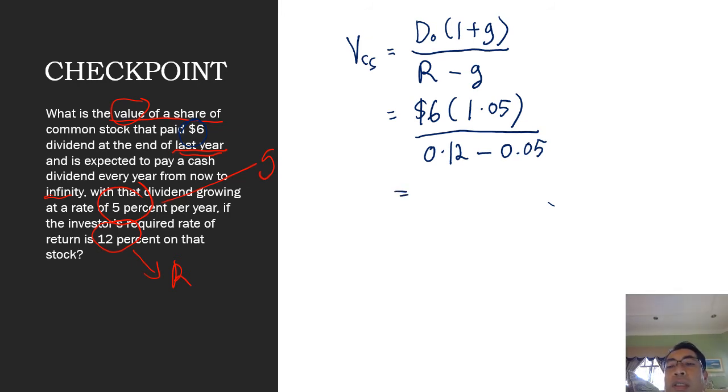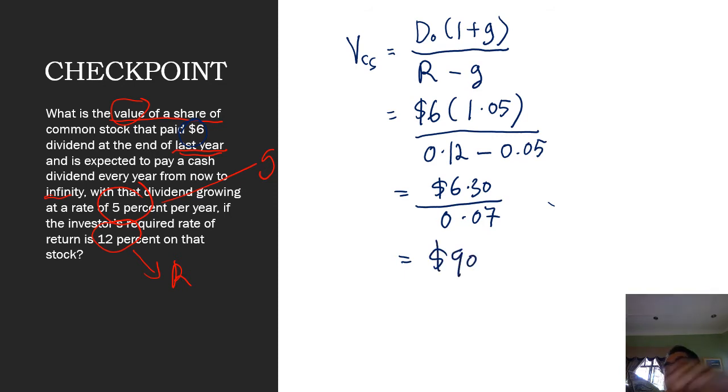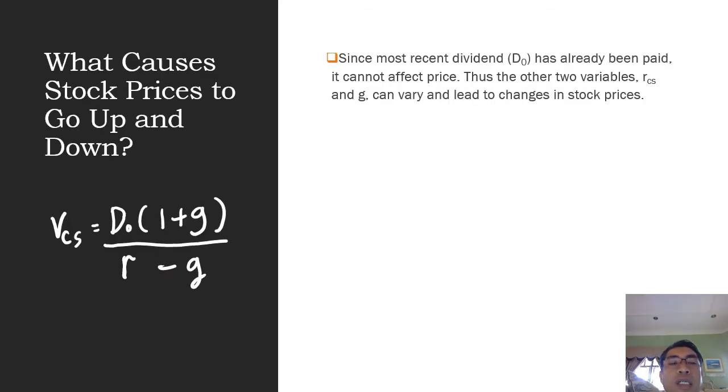So we can get the answer: 6 multiplied by 1.05 is 6.30, divided by 0.07, so it is equal to $90.